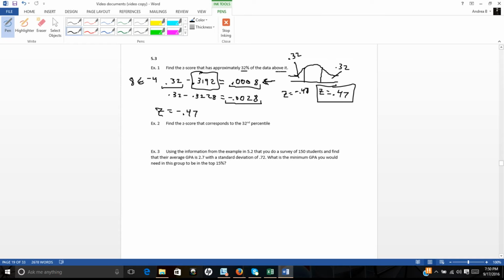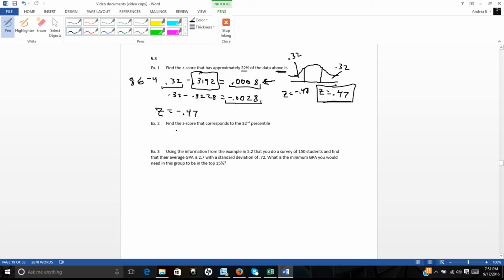And then since we wanted 32% above it rather than below it, we had to use that positive value there. So some of these get a little bit tricky at first. So you want to make sure you keep track of all those steps. Definitely want to make sure you have a good understanding of sections 1 and 2 of this chapter first before you get started on this section here.